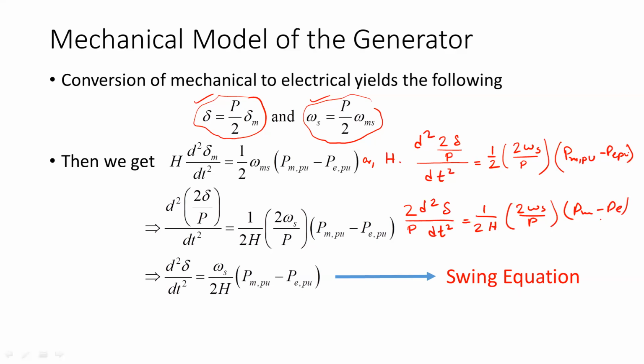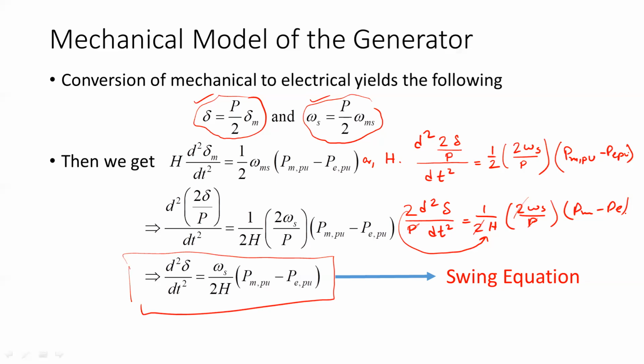Now let's cancel a few things: these two cancel, and this P and this P cancel. Then I end up with d squared delta by dt squared is equal to omega s divided by twice H into pm minus pe. This is my swing equation. Is it understood?